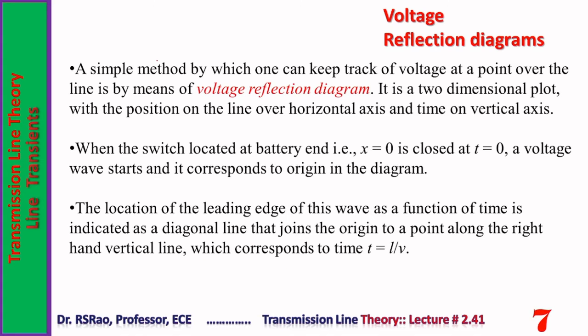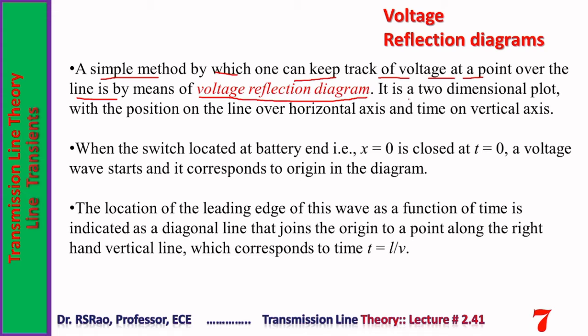Now we move to another aspect pertaining to line transients. Voltage reflection diagrams and current reflection diagrams are simply reflection diagrams. What are reflection diagrams? A simple method by which one can keep track of voltage at a point over the line is by means of a voltage reflection diagram.